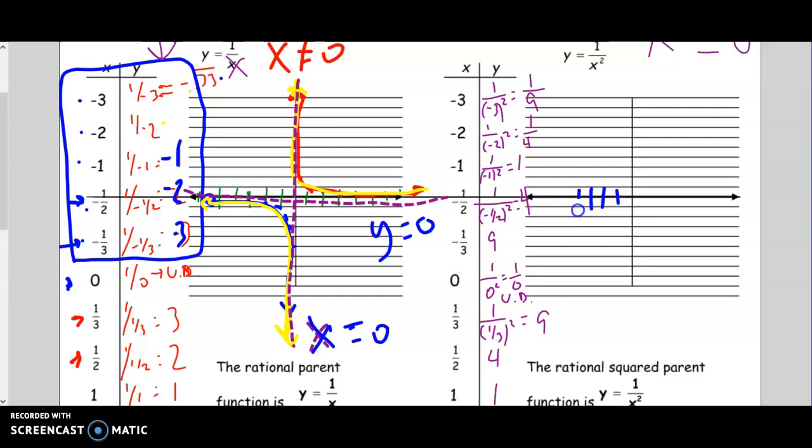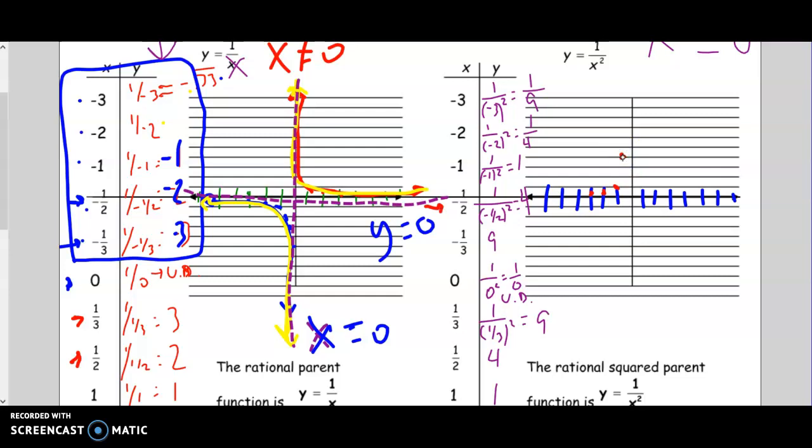Let's go ahead and throw some tick marks here. So -3, positive 1, 9, so real close to 0. -2, positive 1/4. It should be less than half, but it's kind of hard to do that. -1, 1. -1/2, 4. 1, 2, 3, 4. -1/3, 9.